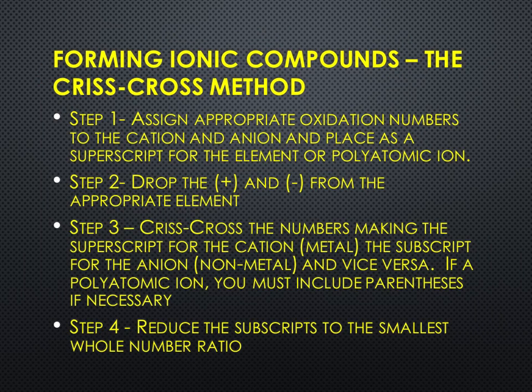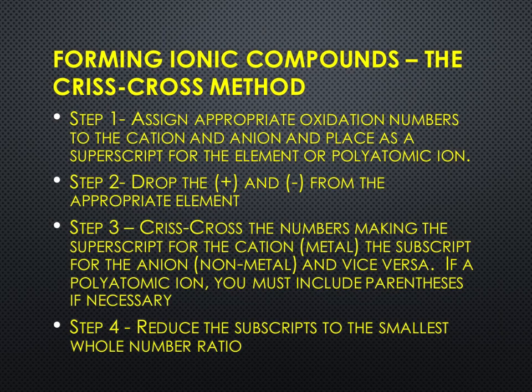Alright, so let's form an ionic compound using the Criss-Cross method and the oxidation numbers we just assigned. So step 1, assign the appropriate oxidation numbers to the cation and the anion and place them as a superscript for the element or polyatomic ion. So we're going to use our periodic table, find the elements that are making up the ionic compound, assign the appropriate oxidation numbers, and put them as superscripts above each element.